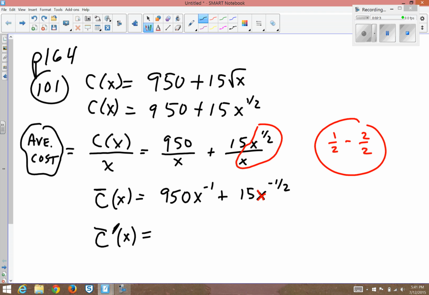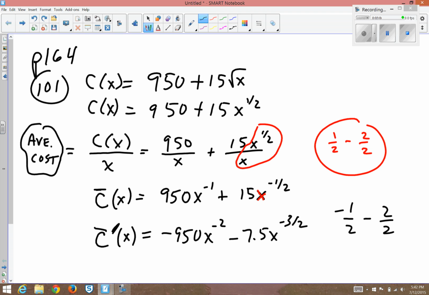So the prime means the derivative, but we want the derivative of C bar, which would be negative 1 times 950 times X to the negative 2 minus 7.5 times X to the negative 3/2.